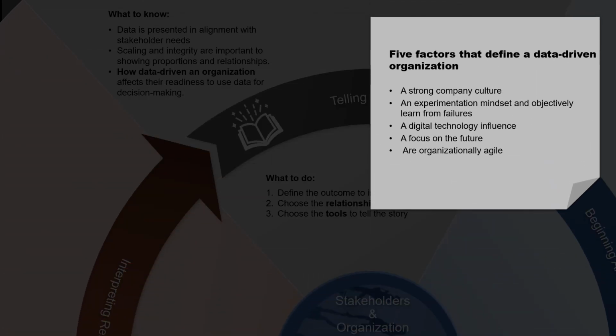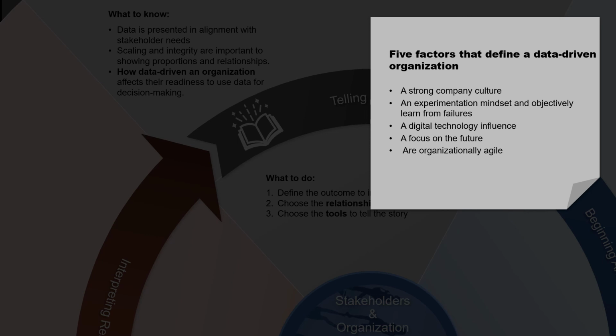The more data-driven an organization is, the more likely they'll be ready to use the data for their decision making, and there are 5 factors that define a data-driven organization: a strong company culture, an experimentation mindset, a strategy of objectively learning from failures, a digital technology influence, a focus on the future, and being organizationally agile.